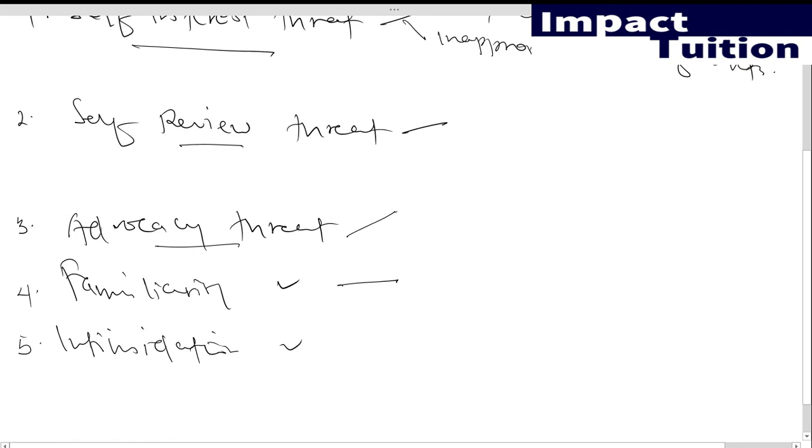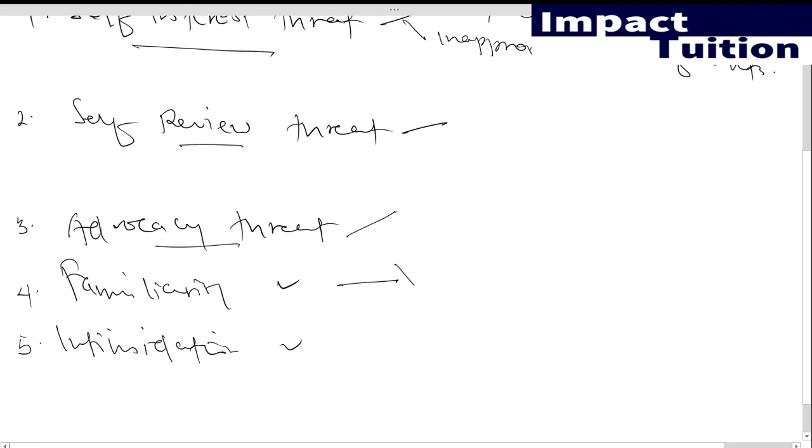We move on with familiarity threat. It occurs when, because of a close relationship, professional accountants become too sympathetic to the interests of clients or others.